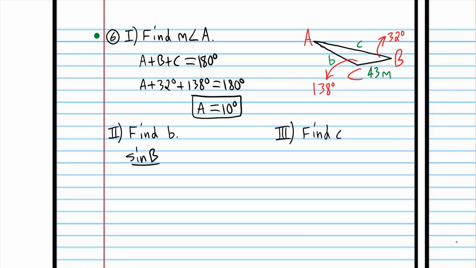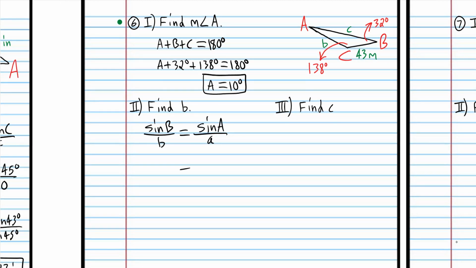So we're looking for the length of side B, which means obviously we're going to use the ratio sine B over B. And we have to use this angle that we just found in these particular problems. So we're going to use sine A over A. The angle we just found was 10 degrees. That's capital A. And the length opposite that angle is 43 meters long. And angle B is 32 degrees. And side B is what we're looking for.